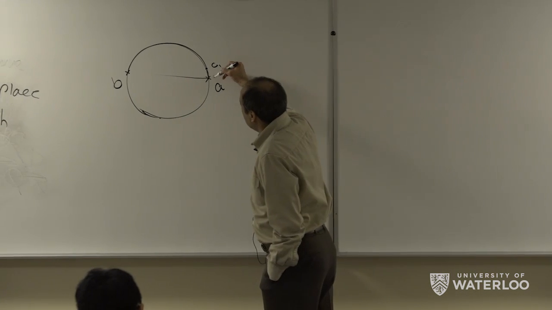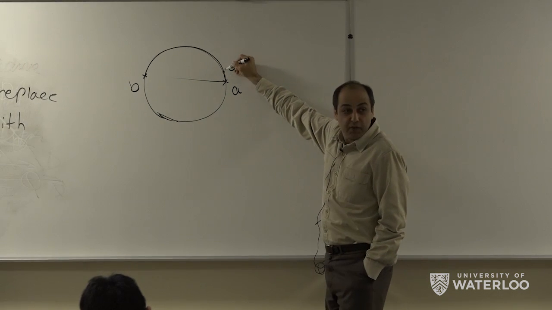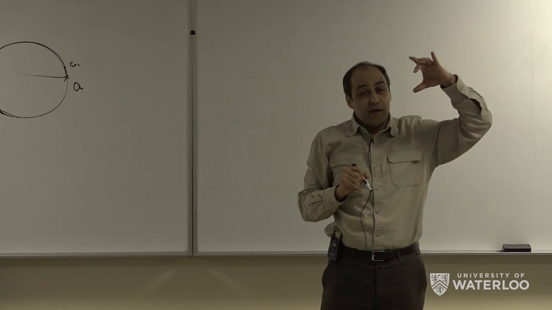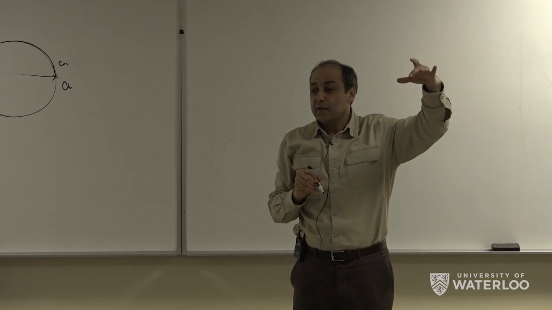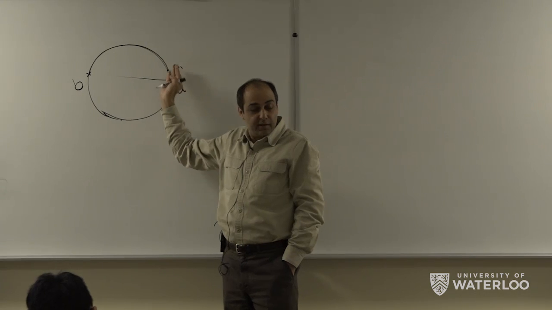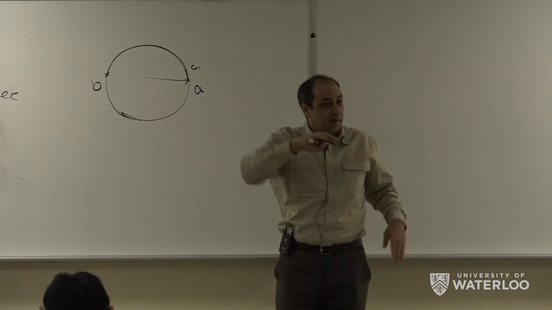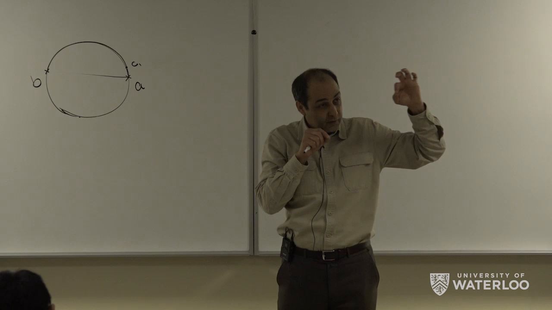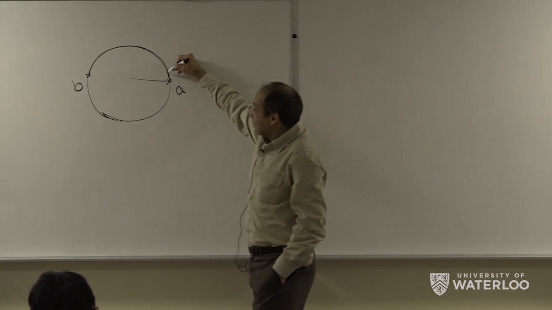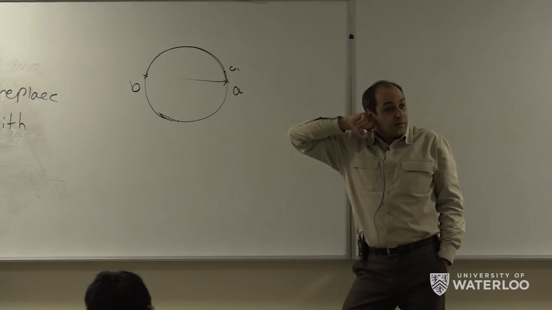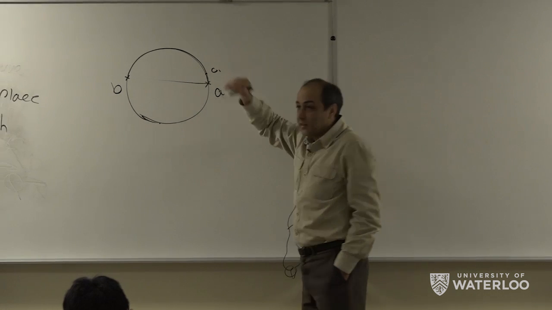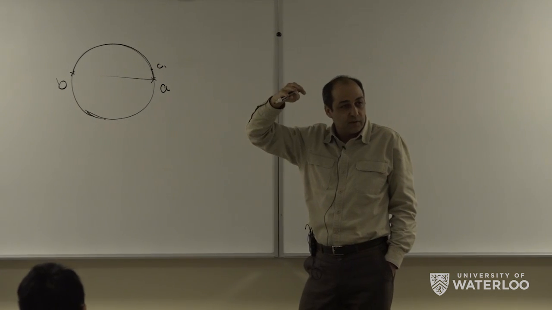If I'm pretty close to A, there is no difference between Euclidean distance and geodesic distance, because if I go from Waterloo to Kitchener, then I can ignore the curvature of the surface. I can ignore the curvature of Earth. It's almost linear. So Euclidean distance between these 2 cities is almost the same as geodesic distance between these 2, because the effect of this curvature is almost negligible.